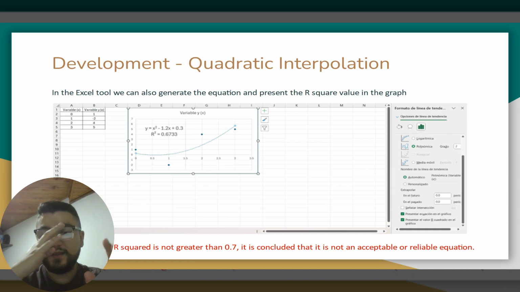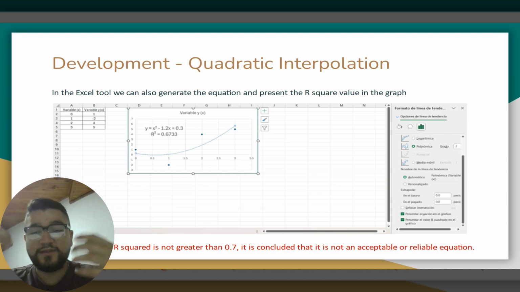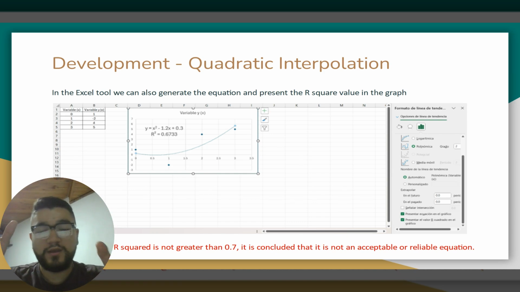Considering that the R squared is not greater than 0.7, it is concluded that it is not an acceptable or reliable equation.